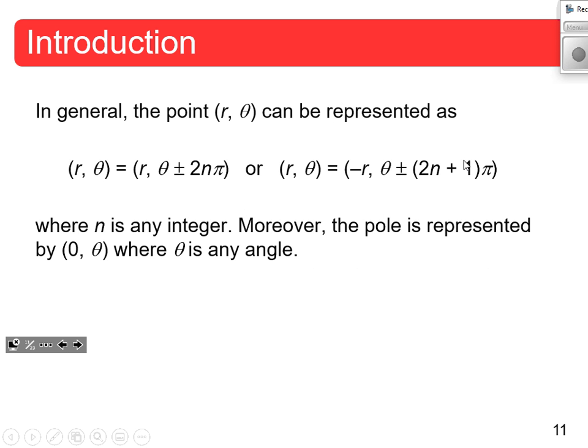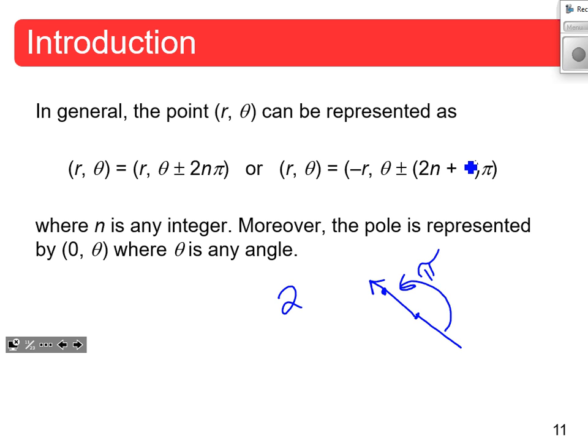So in general, the point r comma theta can be represented as r comma theta plus or minus 2n pi, because we can keep going around. Or r comma theta can be represented as negative r comma theta plus (2n plus 1) pi, because we have to add pi to it to get to the other side, and then we can do rotations of it. Because to get from this side over here, if we're continuing on in this direction, we have to add pi to it.